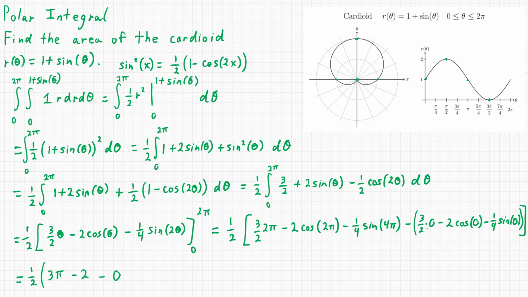And then I have a minus minus cosine of 0, so that ends up being a plus 2 times 1, so plus 2. And sine of 0 ends up being 0. So the minus 2 and the plus 2 cancel, and we're just left with 3 pi over 2. There you have it. That's the area of the cardioid.